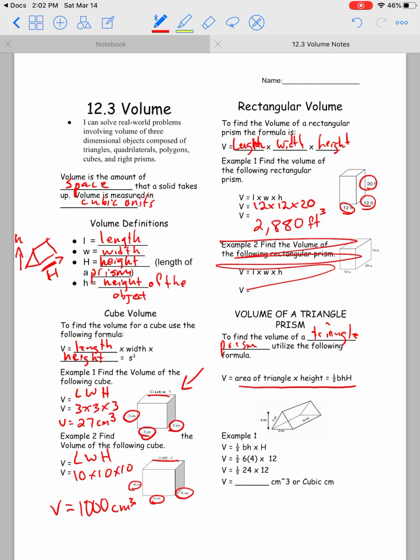The big H, again, is your length right here. So it is 1/2 base times height times the big H. In this case, you got 1/2 times 6 times 4 times 12. 6 times 4 is 24, times 1/2 is 12. And then 12 times 12 is 144 cubic units.